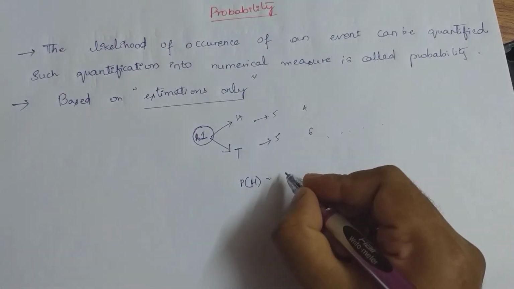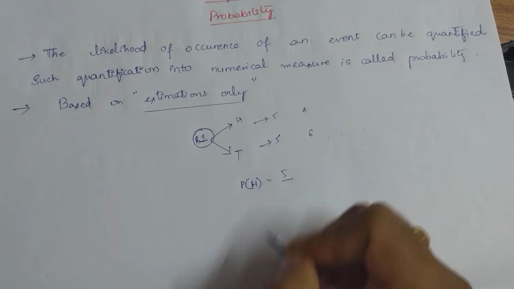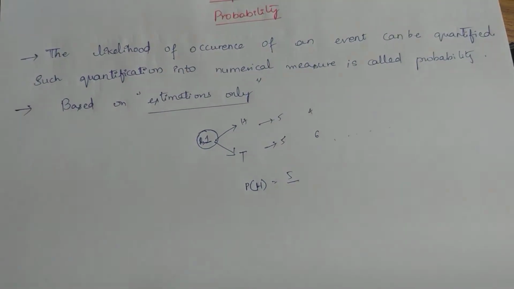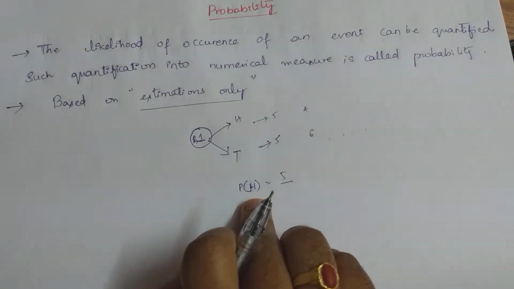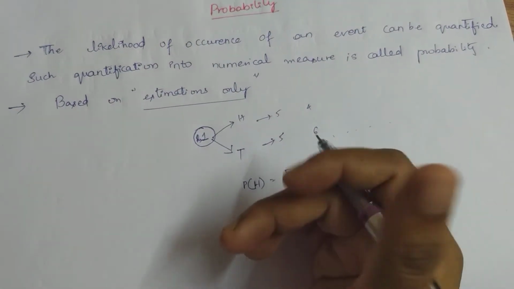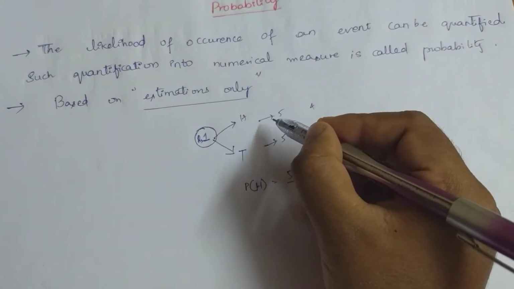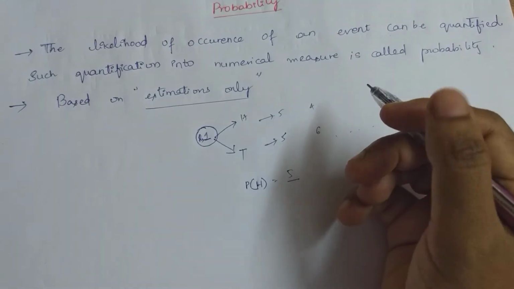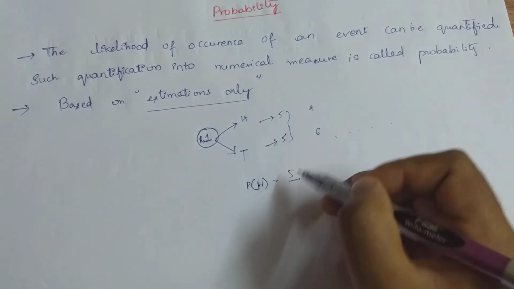I told you 5 times. What is the total number of outcomes here? Total number of outcomes is nothing but the total number of times you have tossed the coin. 5 times you got head and 5 times tails, so how many times did you toss the coin? It is totally 10 times.